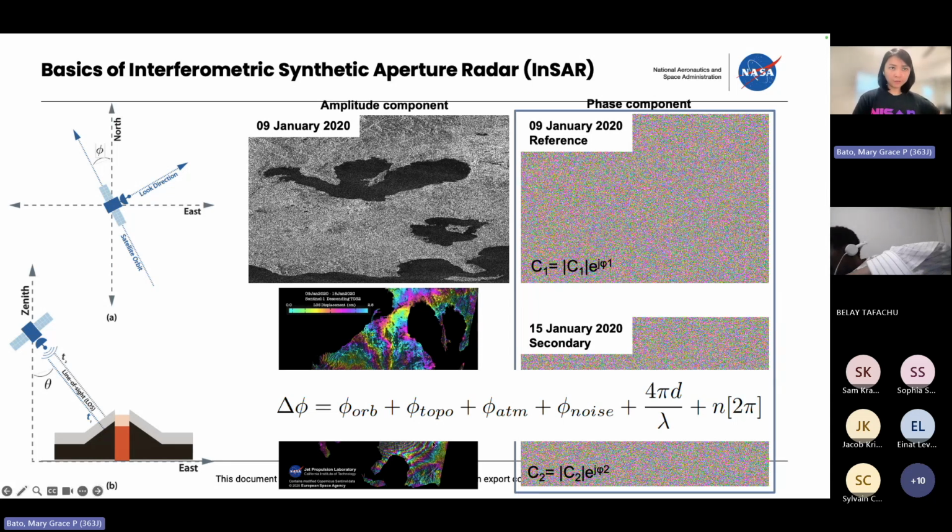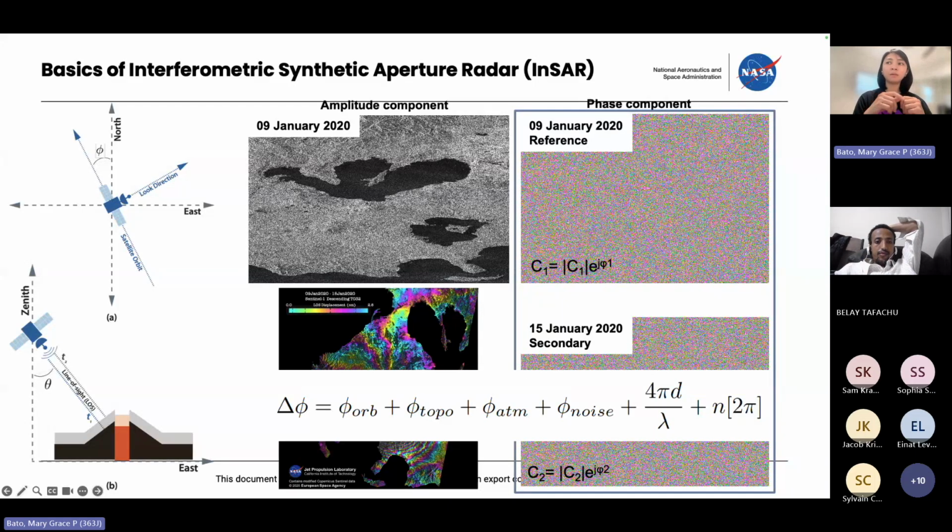This term here, the phase ATM, is the atmospheric term, and its contribution from the atmosphere, mainly due to water vapor pressure differences between acquisitions. It can introduce spatially correlated signals that can actually sometimes look like deformation, especially on volcanoes.